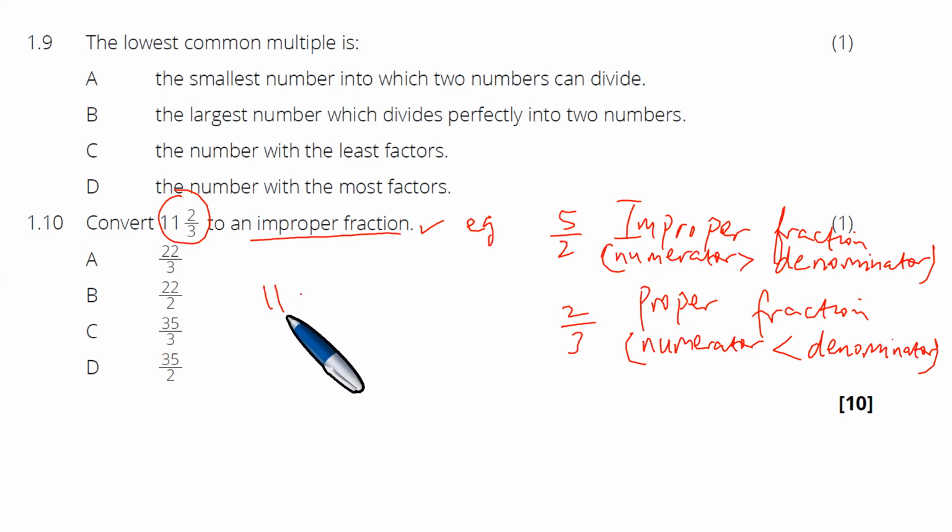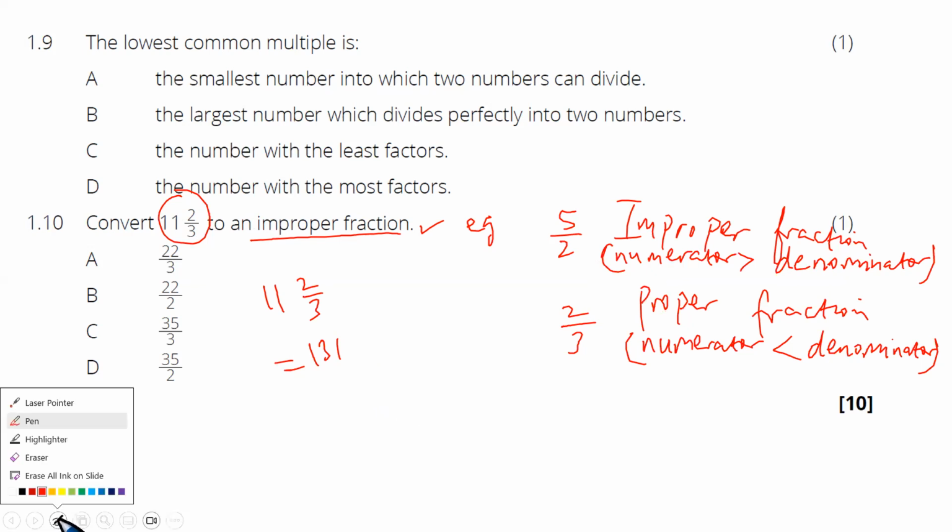So if you have 11 and 2 over 3, you must say 11 times 3 and then you add 2.